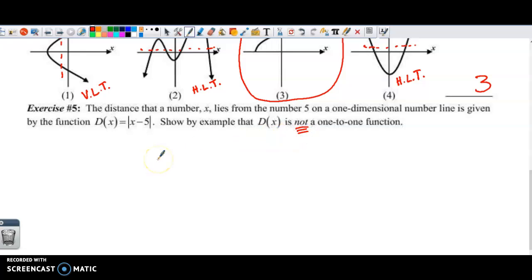There's nothing wrong with guessing and checking, which I think is what they wanted you to do because it says give an example. So what you need to look for is a situation where you have different x values but the same y value.